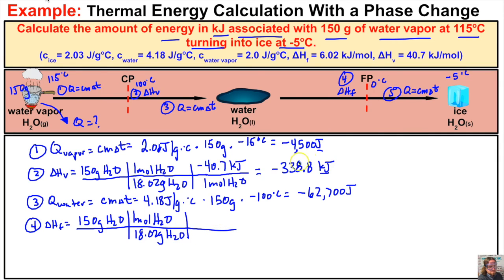And now we need to multiply this by the heat of fusion, which is 6.02 kilojoules for every mole. This needs to be negative though, since the water is freezing. And so we'll put this in our calculator, and we will end up with negative 50.1 kilojoules.